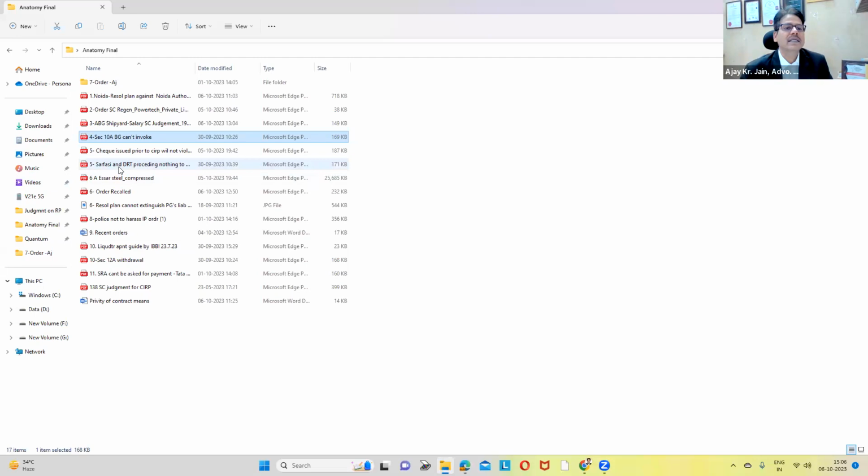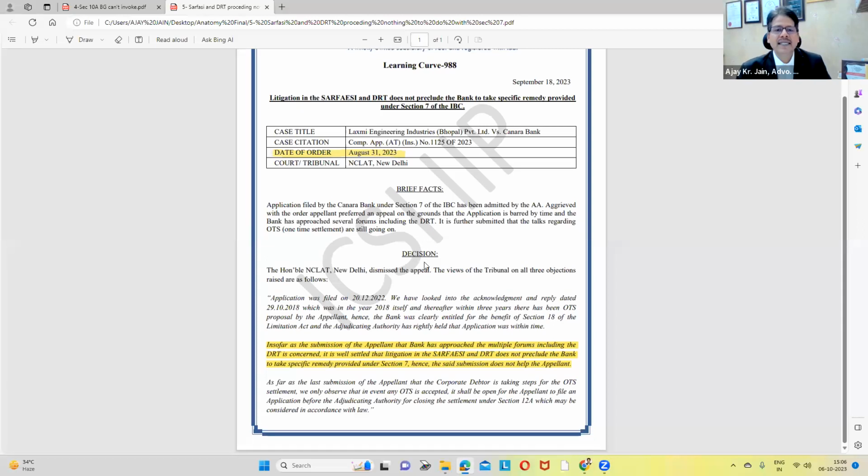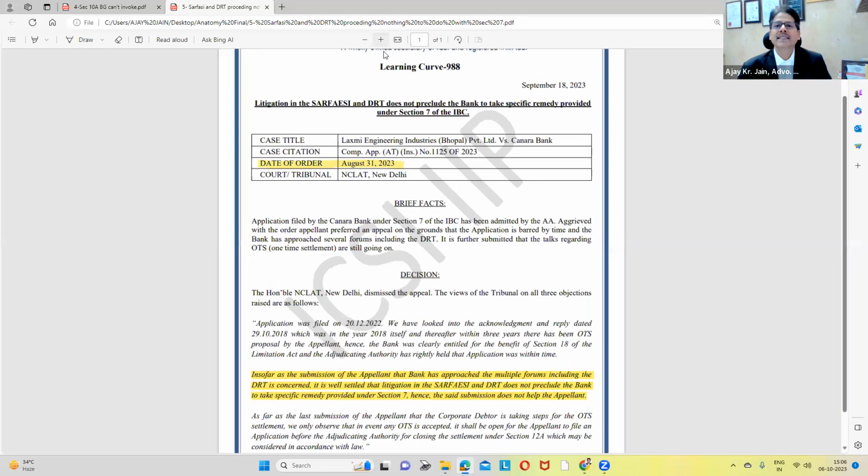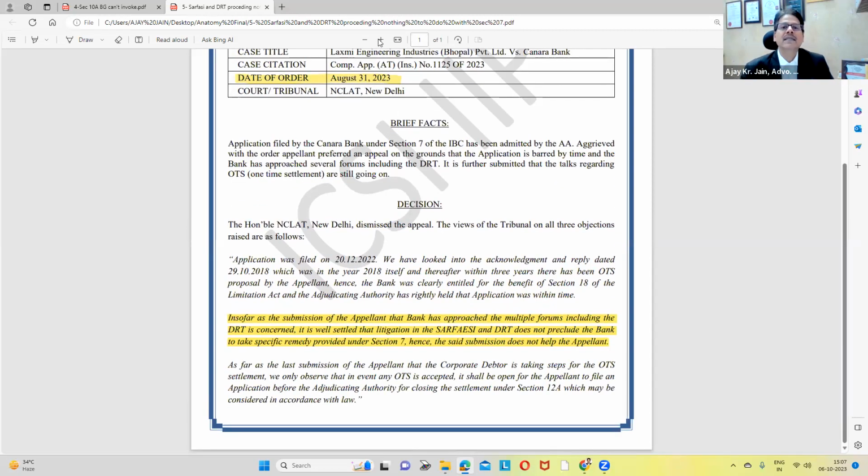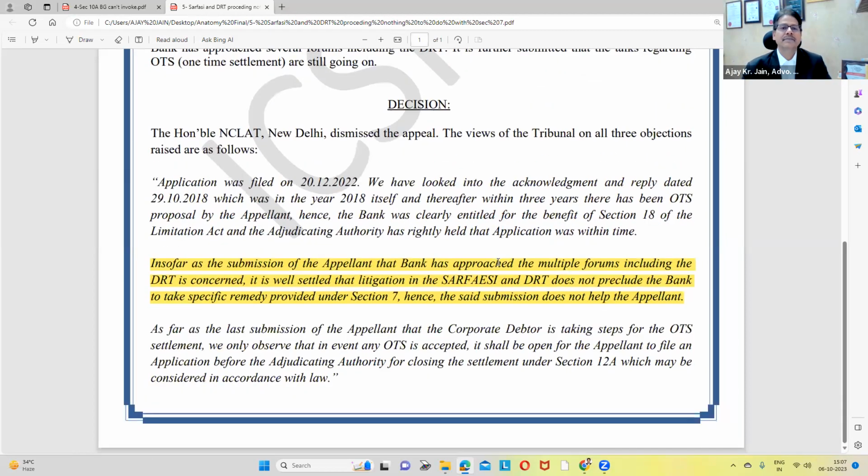Now come to another judgment, a recent judgment of NCLAT Delhi. This case was already pending before the DRT under the provisions of SARFAESI.